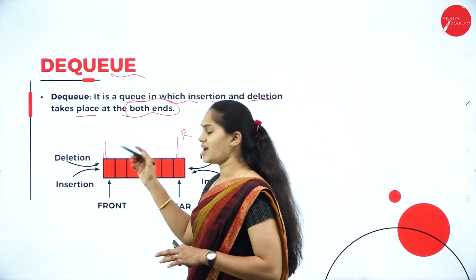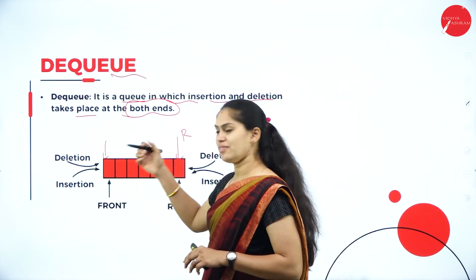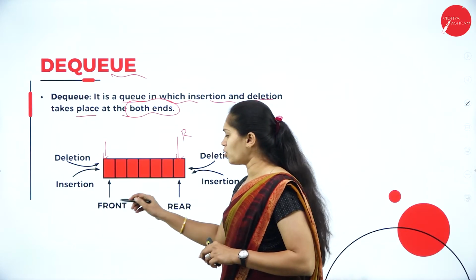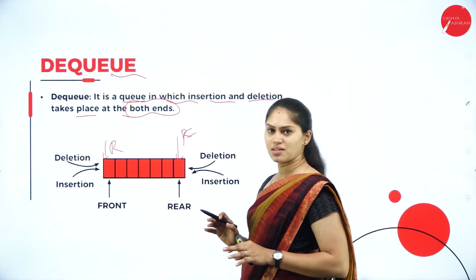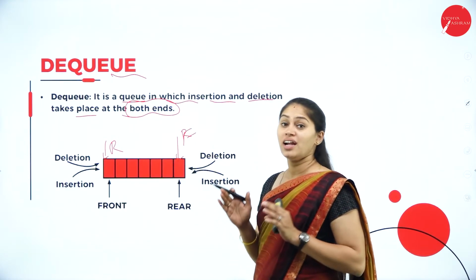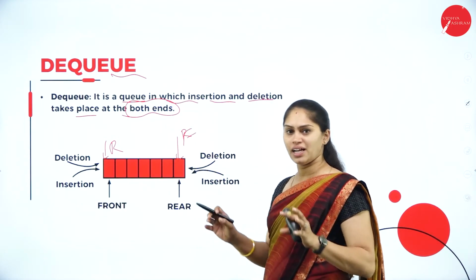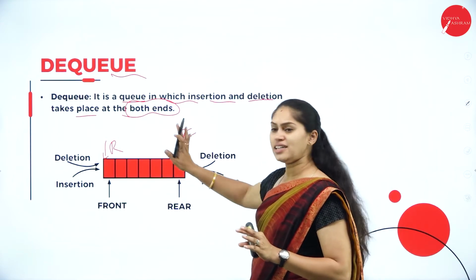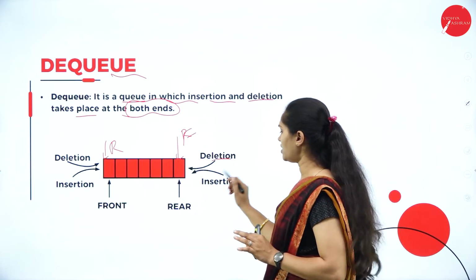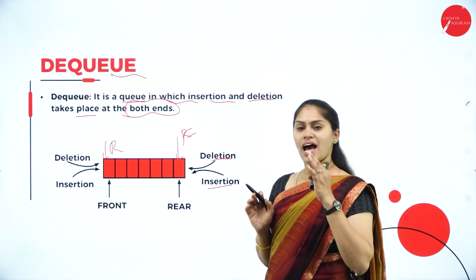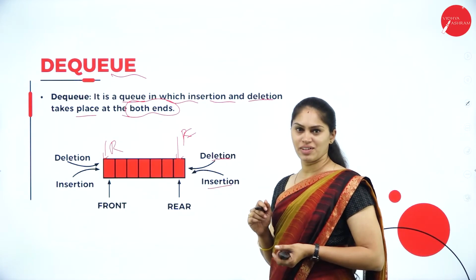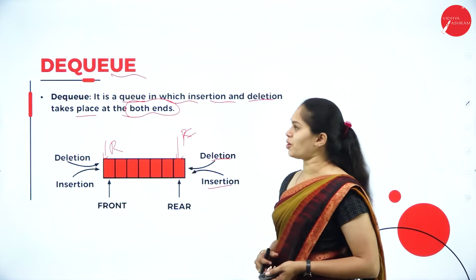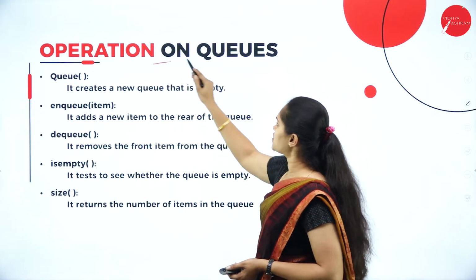So from here I can add an element, and from here we can delete an element, so both front and rear pointers will be there at both the ends. That is what the DQ or double-ended queue is. Both the ends are going to have both front and rear pointers, and deletion and insertion can take place at both the ends. Fine. So these are the types of queue that we can see. We'll see the next topic, that is operations on queues.